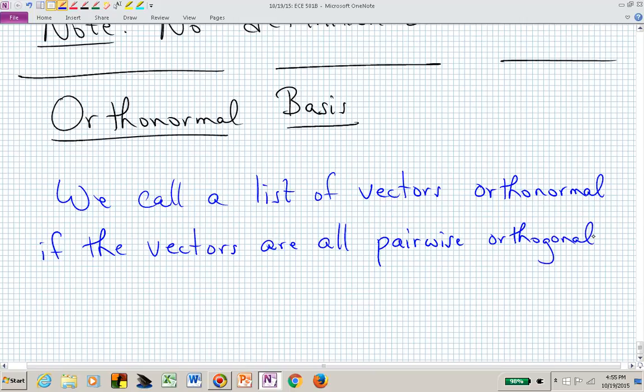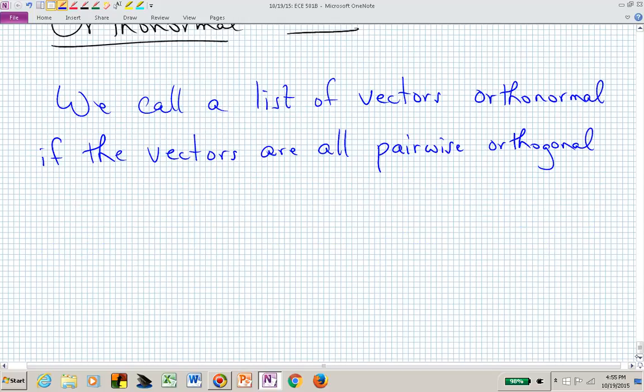And we know what orthogonal means now that we have this inner product. So we look at each of these vectors in the list and we pair them up and take the inner product, and it's 0 for all of these pairs of vectors in the list. That's the ortho part. Now we need them to be normal, to have a length of 1.